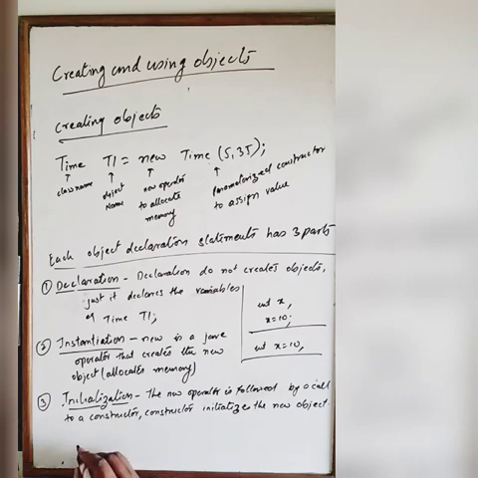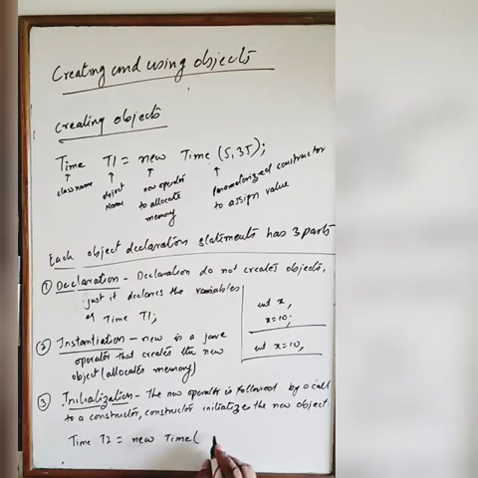For example, Time t2 equal to new Time, and you can take any values, 5, 45. So these are three different ways to initialize an object.